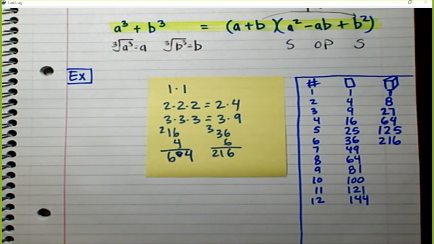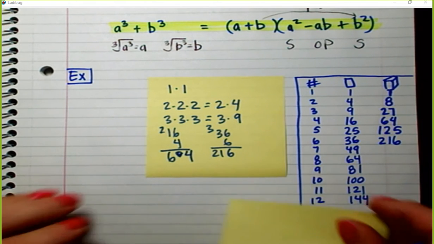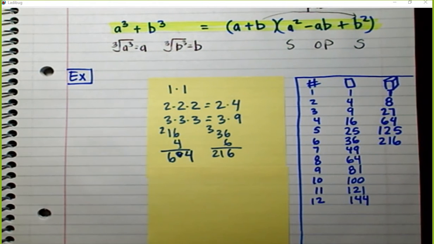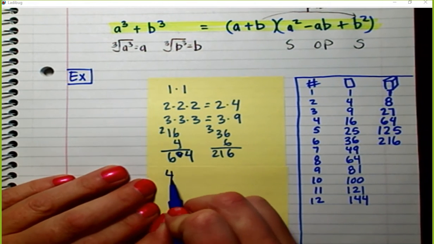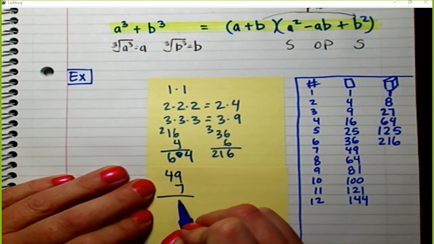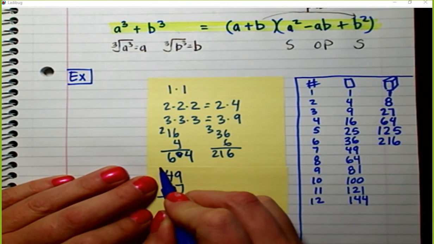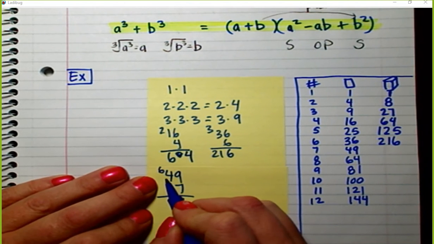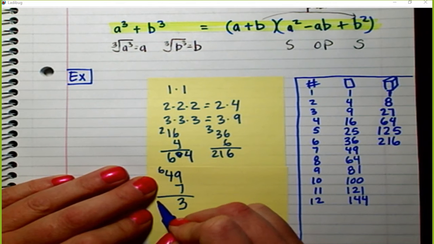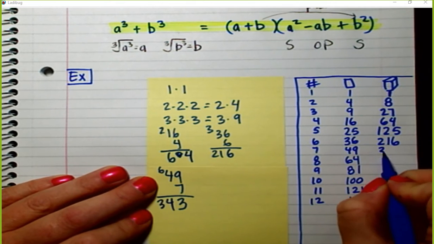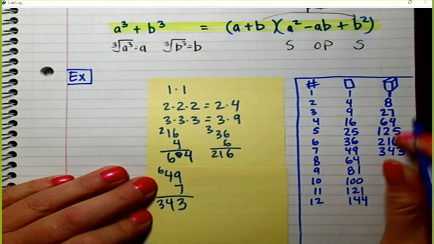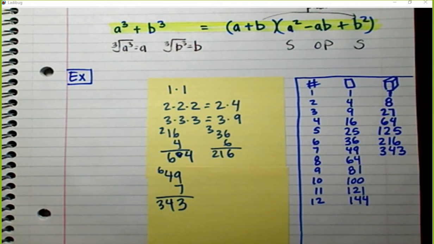Once you start recognizing the cubes, you don't have to multiply this out, but if you're not sure, start with the perfect square and then multiply to see if it's the perfect cube. So 49 times 7. Okay, so I'll give you a minute to fill out the rest of these numbers here. Multiply them if you need to.